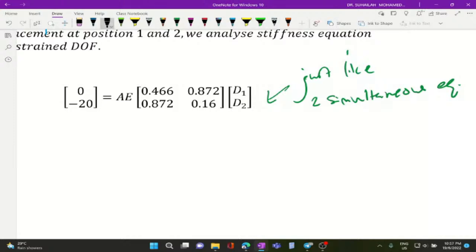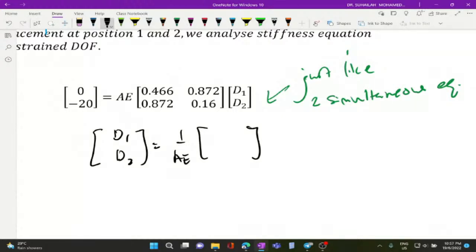Okay, so we get D1 and D2, which is equal to 1 over AE, and we get the value. This is D1 and D2, the unknown displacement at position 1 and position 2.